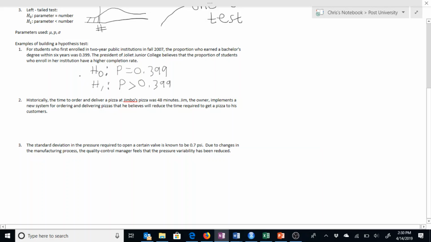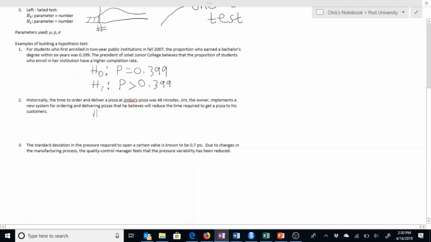For my second one, historically the time to order and deliver a pizza at Jimbo's Pizza was 48 minutes. Jim, the owner, implements a new system for ordering and delivering pizzas that he believes will reduce the time required to get a pizza to his customers. Now, although they don't explicitly state it like they did in the first example, this refers to the mean time.